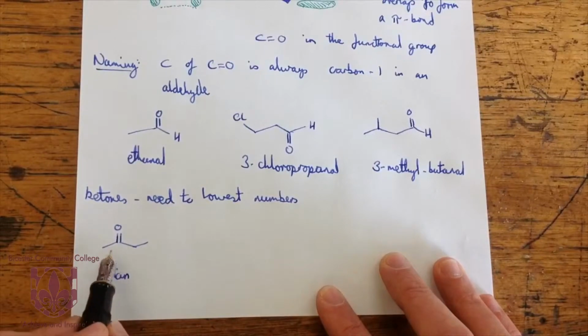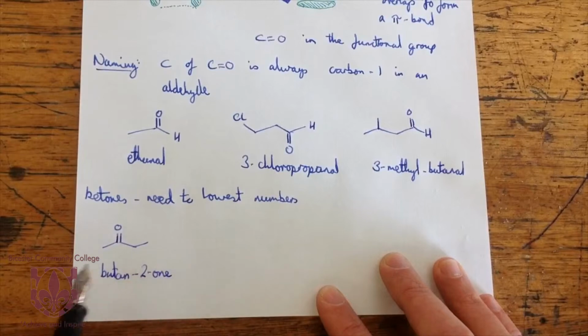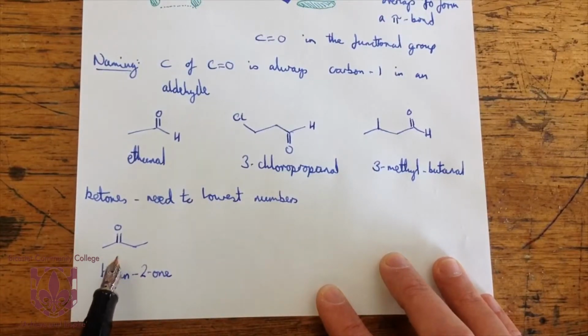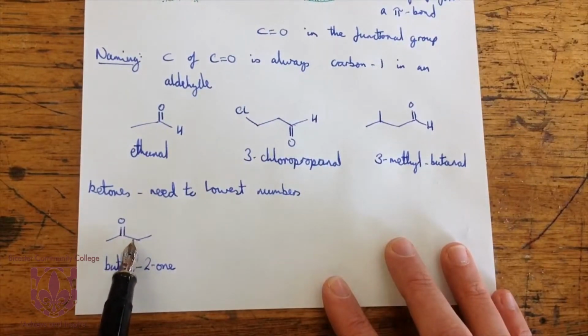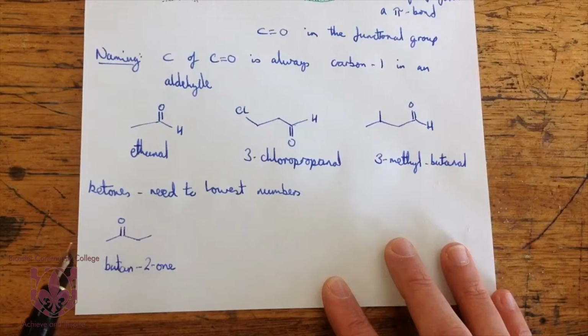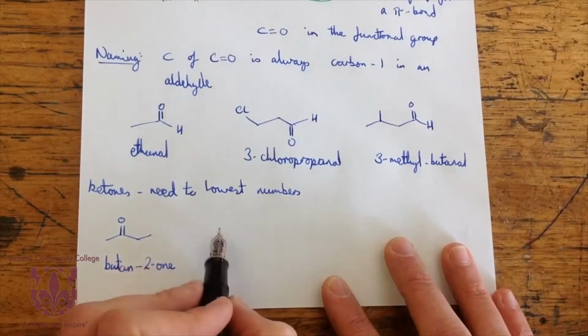So it's butan-2-one. Now, obviously, those of you who are particularly quick will realise that butan-2-one can only be butan-2-one, so the double bond would be there. So you could get away with saying butanone, but anything longer than that, anything with 5 carbons or more, we're going to have to start being specific.